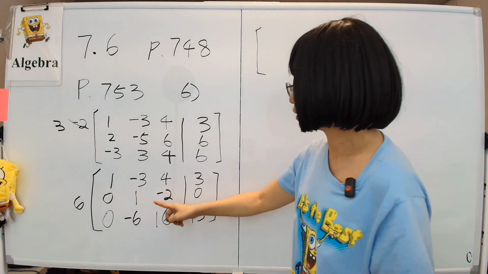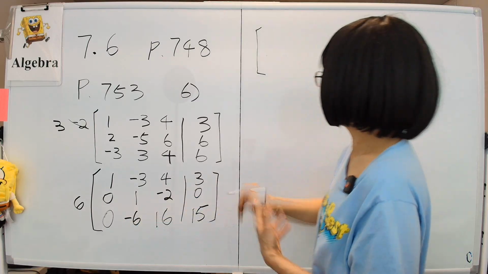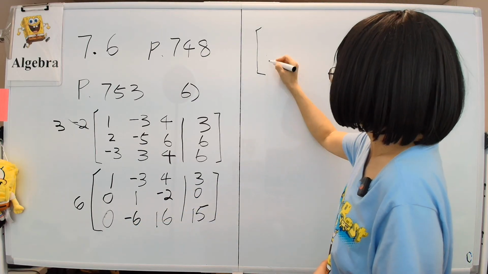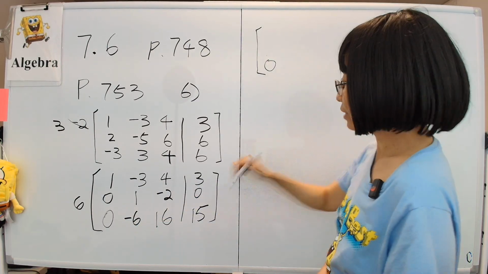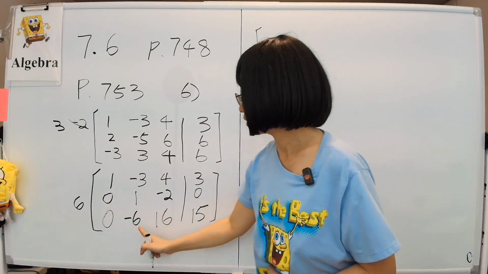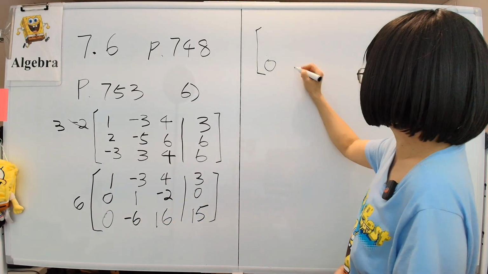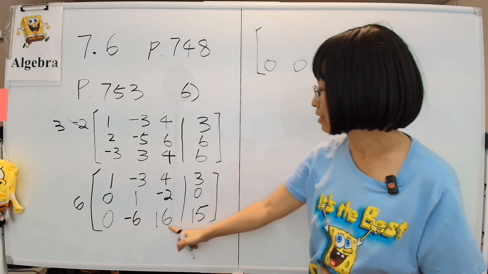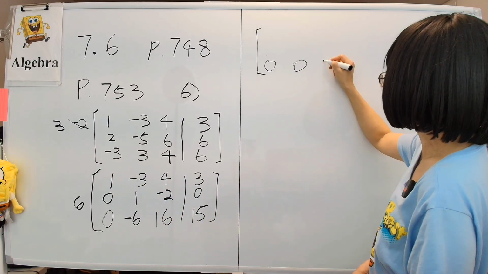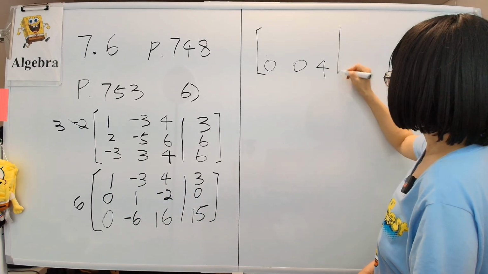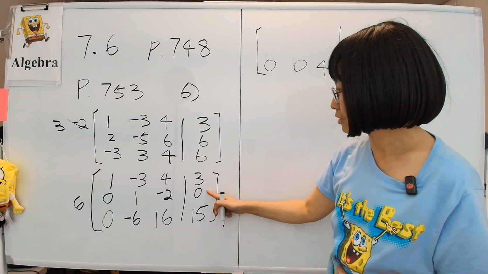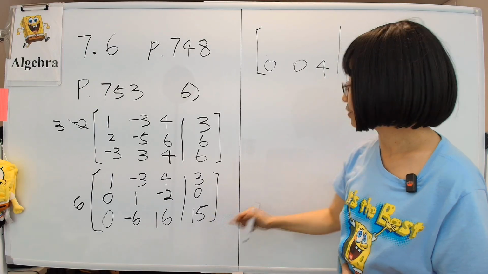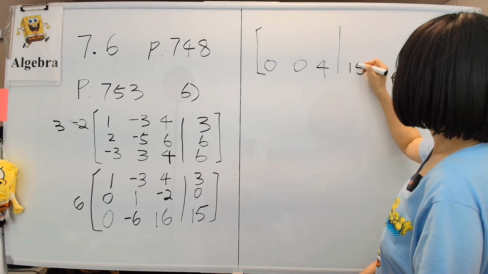The first number is 0. Okay, so 1 times 6, 6 minus 6 is 0. And then minus 2 times 6 is minus 12 plus 16, that's positive 4. And finally, 0 times 6 is 0. 0 plus 15 is still 15.